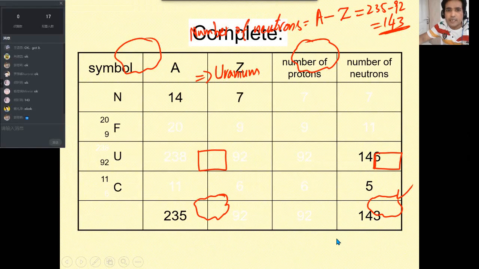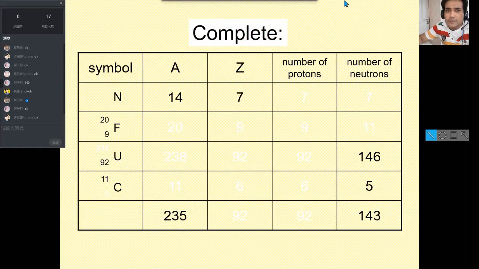Okay, next one here. I hope this exercise is very easy for most of you. I want you to spend 2 minutes and quickly do this exercise, because this is the key to understanding a lot of concepts.